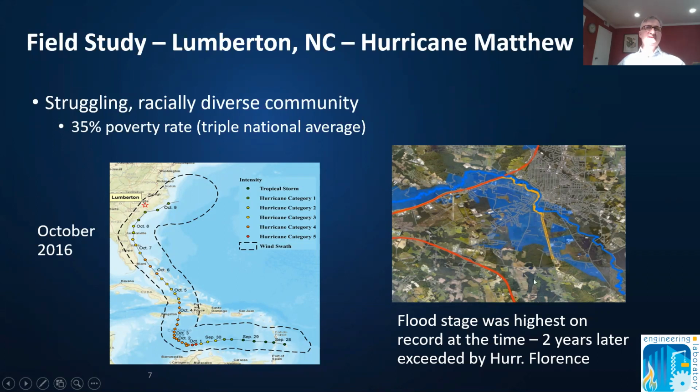To make matters worse, two years later, if you recall, Hurricane Florence came, after Hurricane Matthew in 2016, and in terms of the flood stage it was virtually identical, believe it or not, to the Hurricane Matthew event.